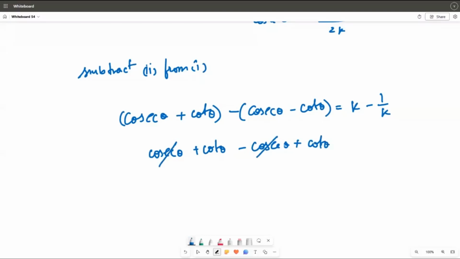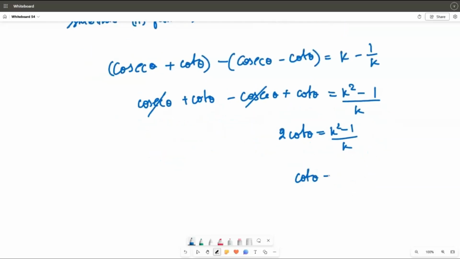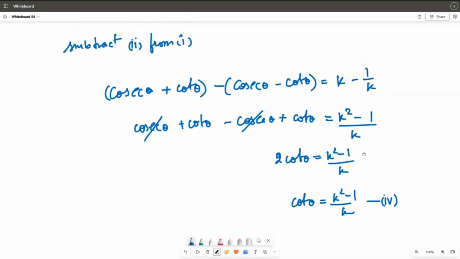So both cosecant thetas will get cancelled, and the LCM on the right hand side is k squared minus 1 by k. We have 2 into cot theta is equal to k squared minus 1 by k, and bringing 2 to the right hand side we have cot theta equal to k squared minus 1 by 2k. Let's consider this as the fourth equation.